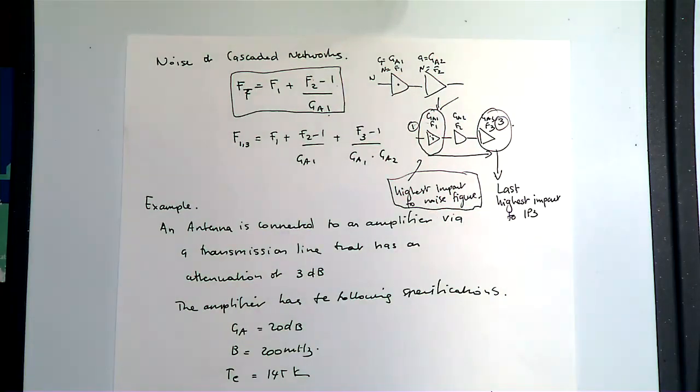Right. Now, there were some important key takeaways here which you need to be familiar with. What are they? If you're designing a receiver chain, what does this formula tell you?